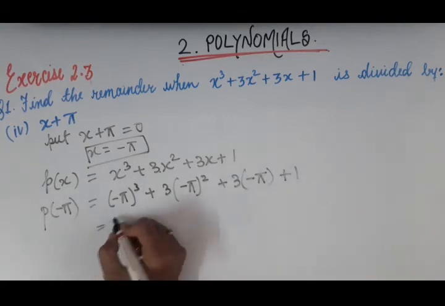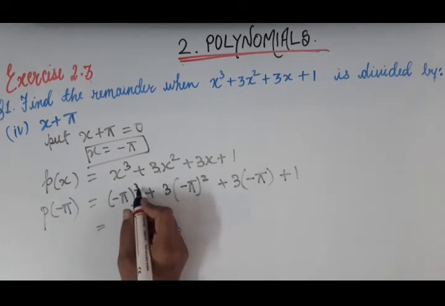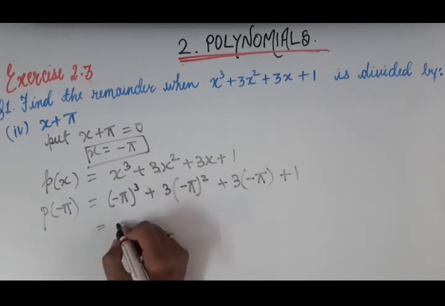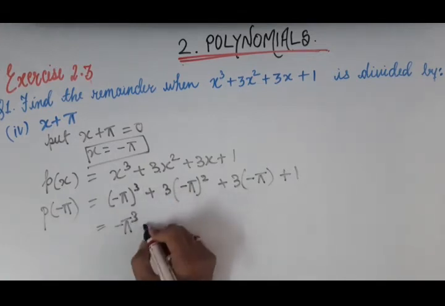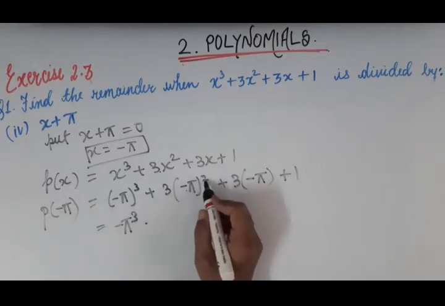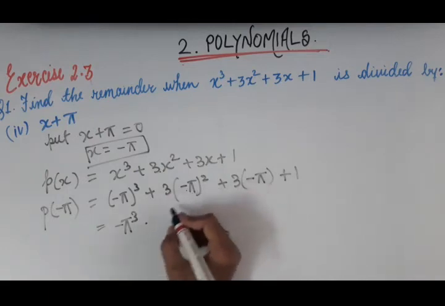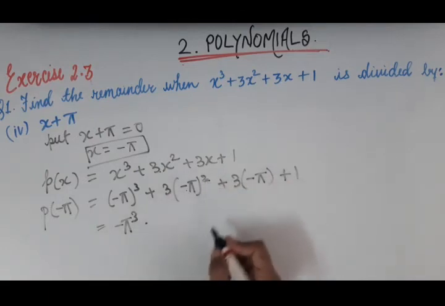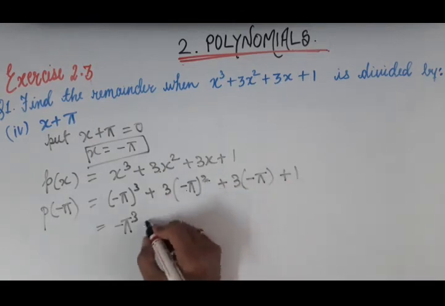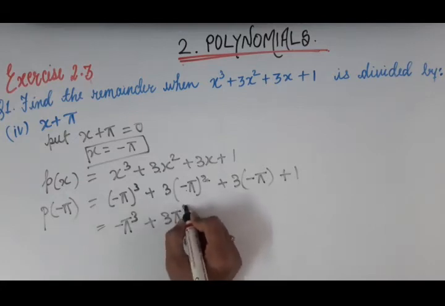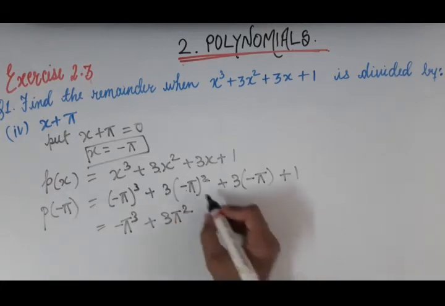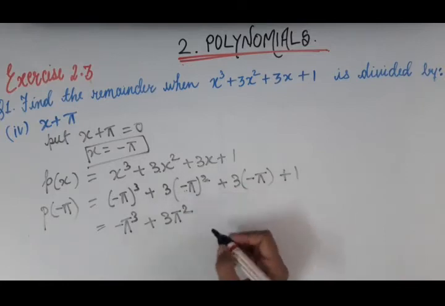Okay. Now a negative number raised to an odd power, the answer will be negative only. So it will be minus pi cube as it is. Now minus pi square, it will be a negative number raised to an even power, so it will be plus. So it will be plus 3 pi square, because negative raised to even.